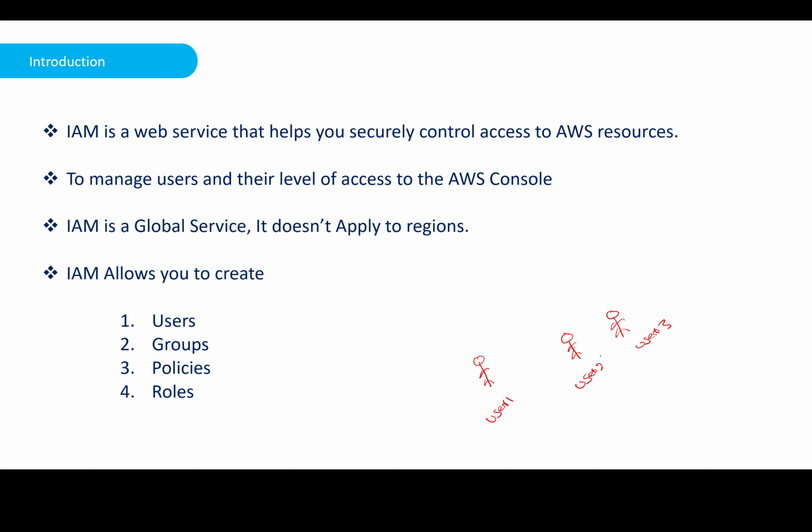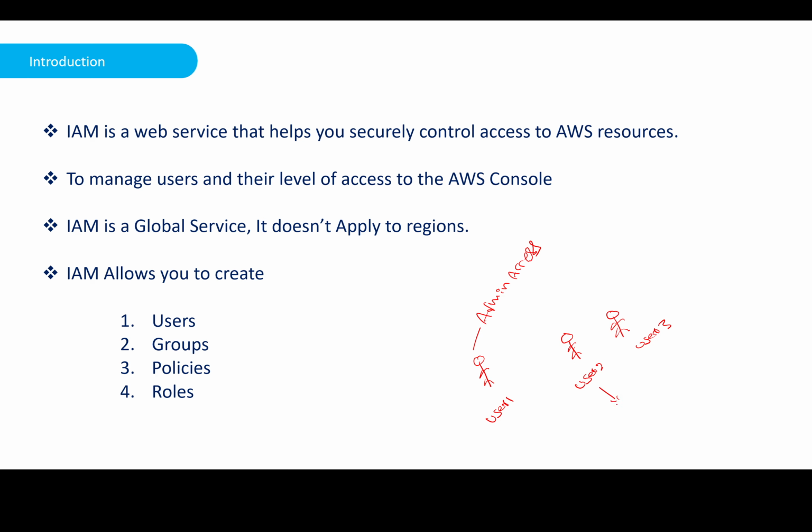Out of these 3, I don't want to give full access to all of them. Instead, we have multiple services, right? 200 plus services. I want to allow user 1, who is a senior employee, admin access, means full control, so that he can do anything on the AWS account.